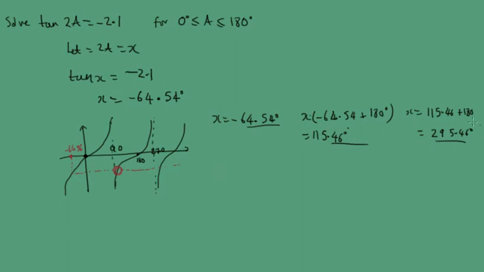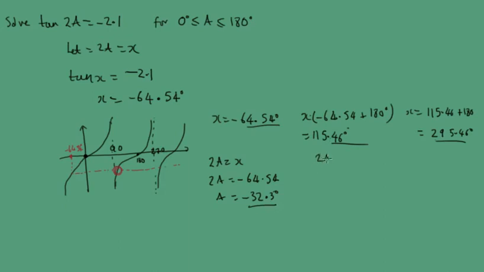Now, this is more than 180, but remember, x is equal to 2a. So 2a is equal to x. So for 2a equal to minus 64.54, we're going to divide, a must be equal to minus 32.3 degrees.